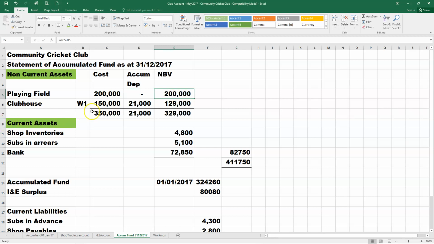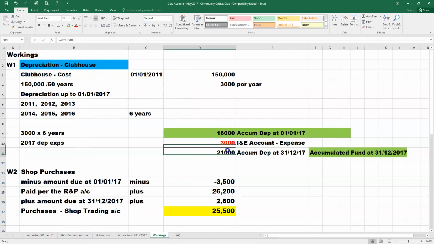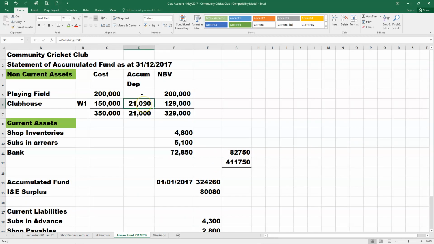Then my clubhouse, okay, my cost is 150,000. But I've accumulated depreciation, which I got from working 1. So if you look at working 1 here, I've said earlier on, my accumulated depreciation at the start of the year plus my expense for the current year gives my accumulated depreciation at the end of the year, which is 21,000, which I've put in here now.